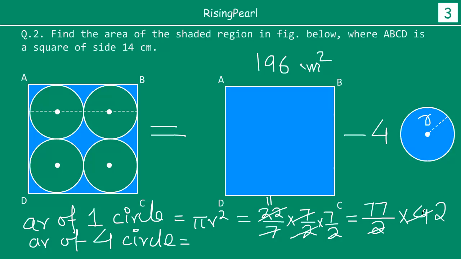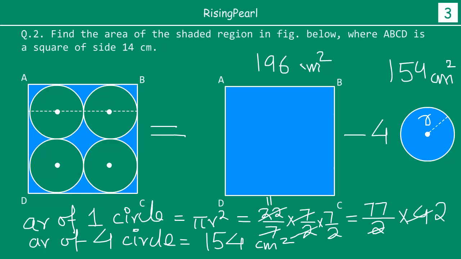So it will be 2, 2 2s are 4. So 77 times 2 will be equal to, 2 7s are 14, 1 carry over, 14 and 1 is 15, so 154 centimeters square. So the area of 4 circles is 154 centimeters square.